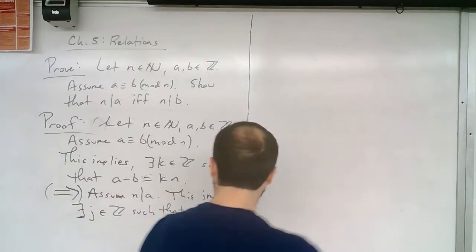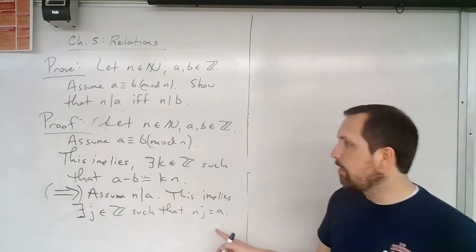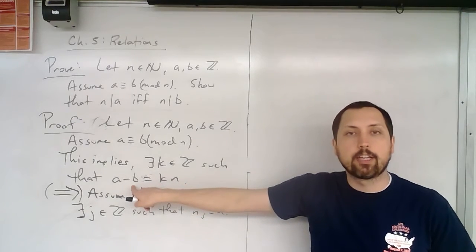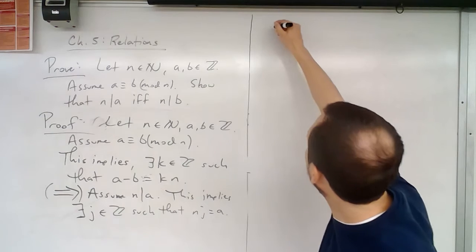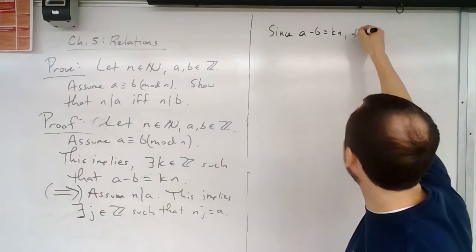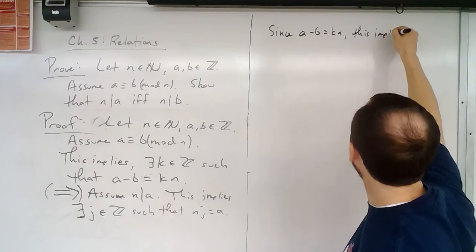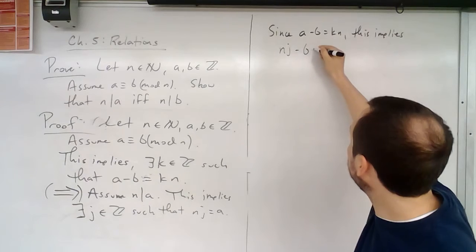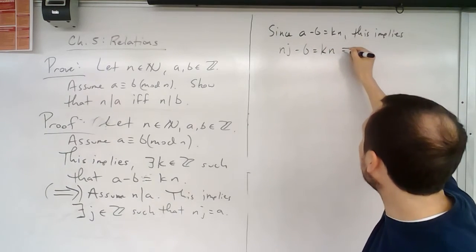Okay, so now that we have this statement that n times j is equal to a, I can now use this with this statement up here because I know this is true. So since a minus b is equal to kn, this implies that nj minus b is equal to kn.